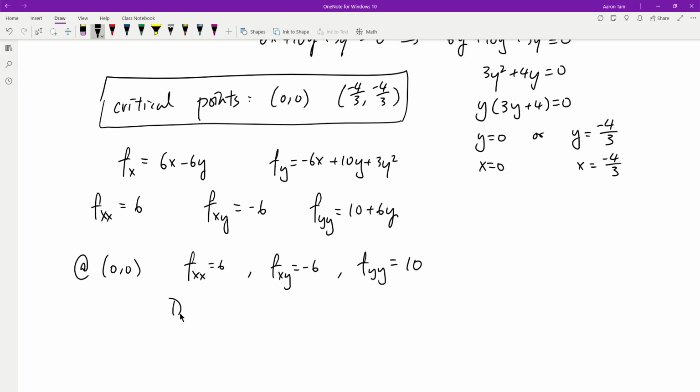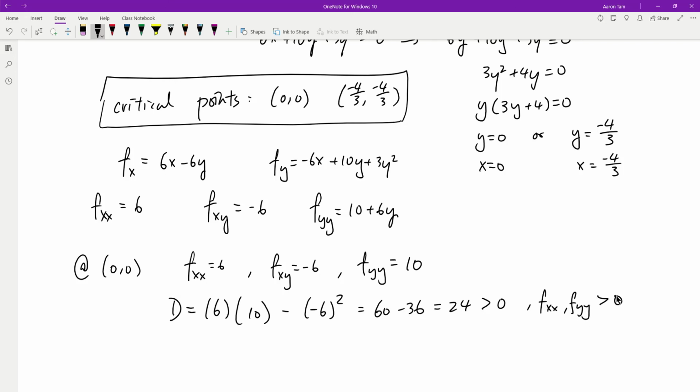So now we can do D. D would equal fxx times fyy minus fxy squared. So that is 60 minus 36, which comes out to be 24, which is greater than 0. And we know that fxx and fyy are in this case both greater than 0. Therefore, f has a relative minimum at (0, 0).